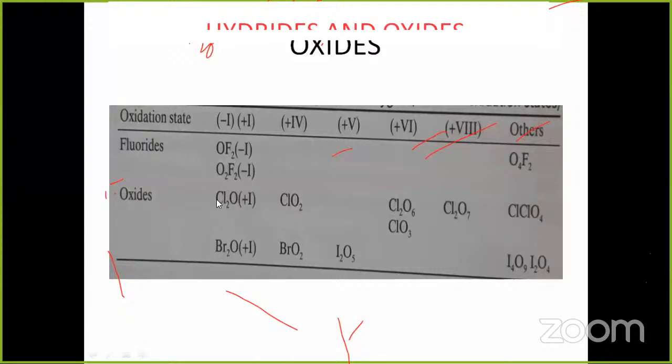Chlorine is less electronegative, so the less electronegative comes first and the more electronegative comes last. So chlorine monoxide, chlorine dioxide, chlorine hexoxide, chlorine heptoxide, like this. Remember this point: the more electronegative element comes last, and the less electronegative one is named first. So these are the classification of oxides of fluorine, chlorine, bromine and iodine.